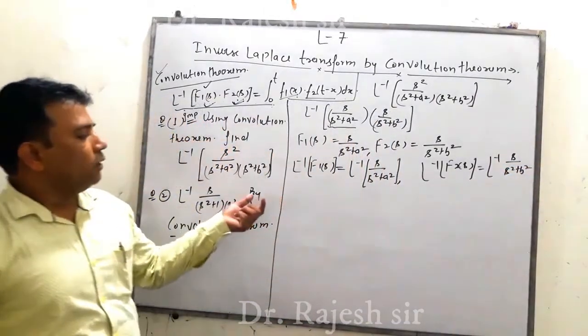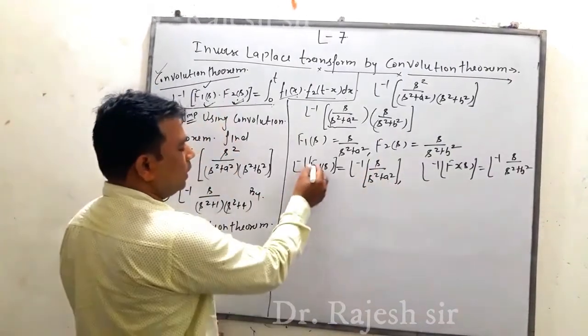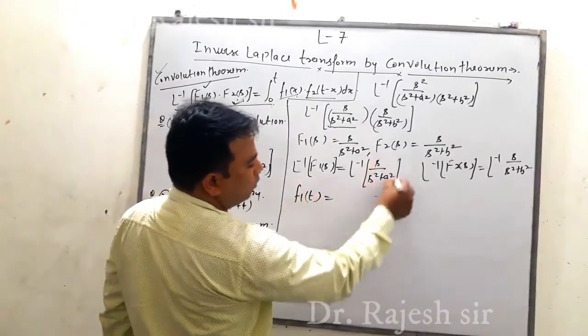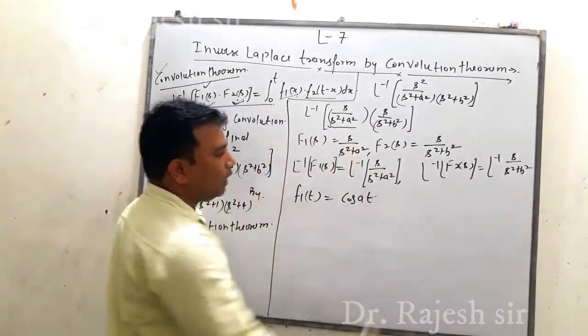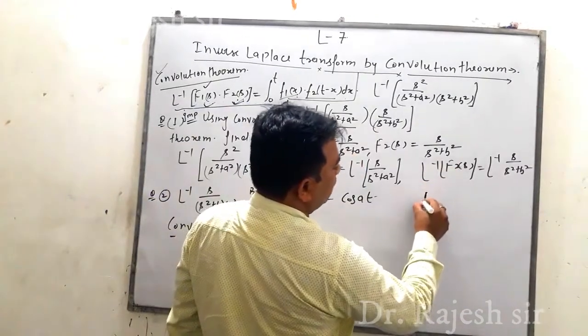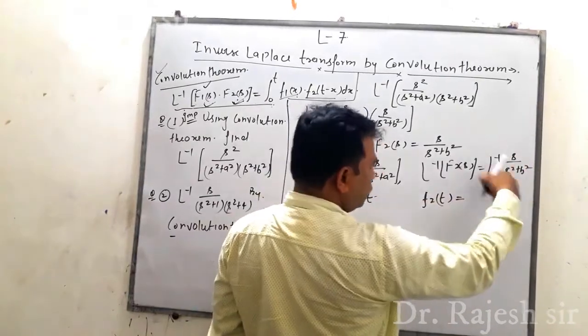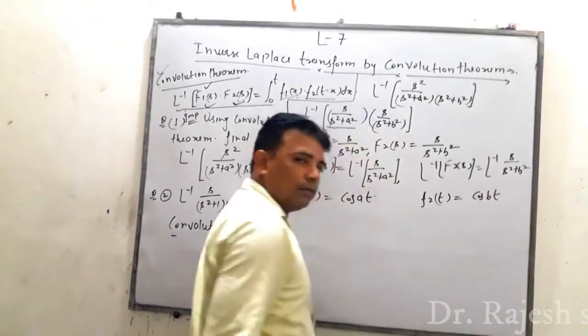We know the formula for this: f1(t) equals cos at, and f2(t) equals cos bt.